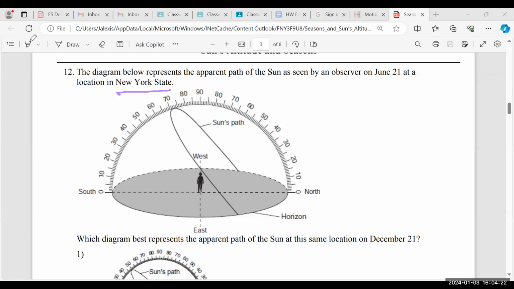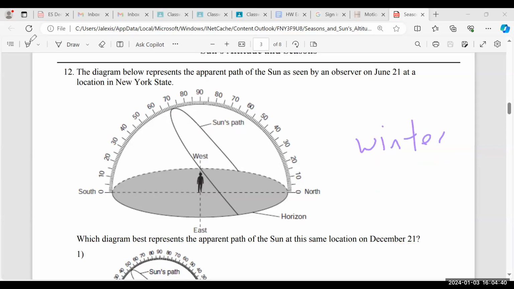And we know where the sun rises on December 21st, which is also known as the winter solstice.